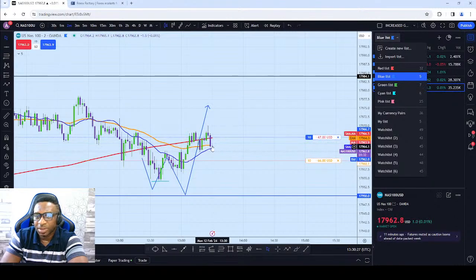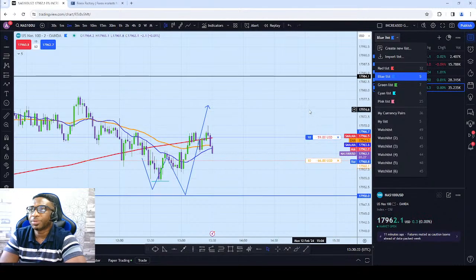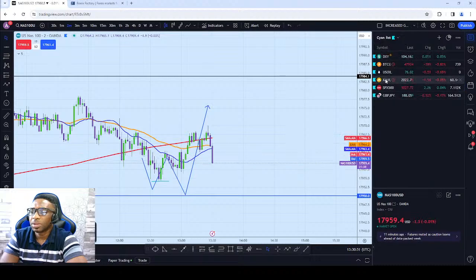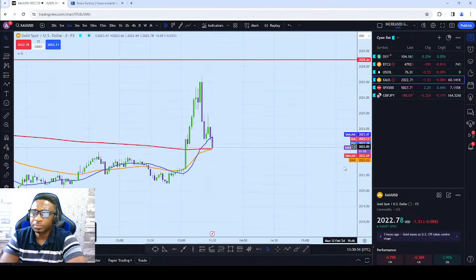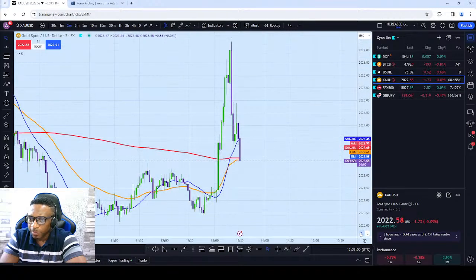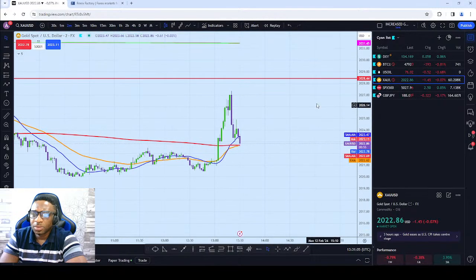But we still don't know exactly what will happen, so we just keep our eye on it and see how we can take advantage of it. So we've got taking out on there. Alright, here we go on gold.